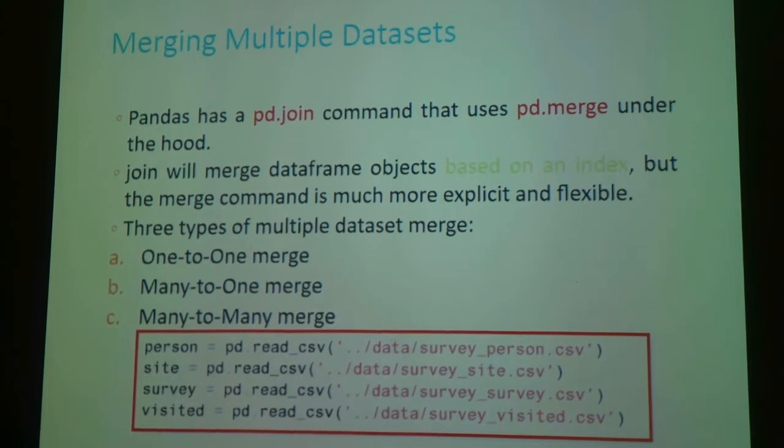We're loading 4 different data sets. The first one is person, the second one site, survey, and visited. And take a look at the data sets. They are completely different data sets.